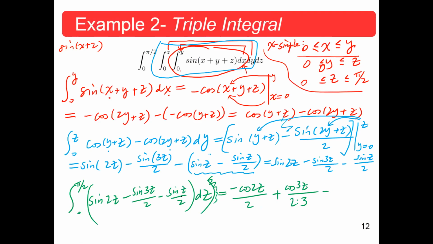Minus, the antiderivative of sine z would be negative cosine. So again, that turns to positive cosine z over 2. And z goes from 0 to pi over 2.